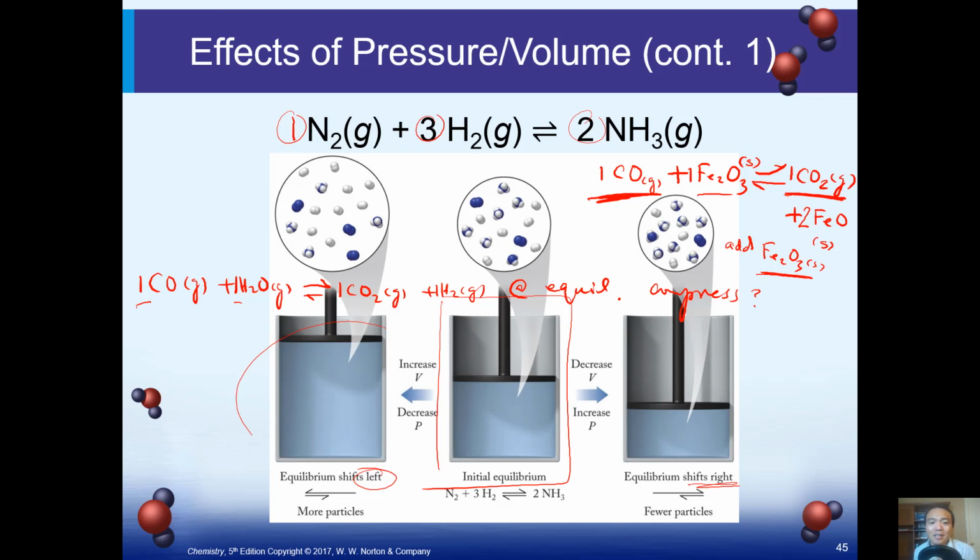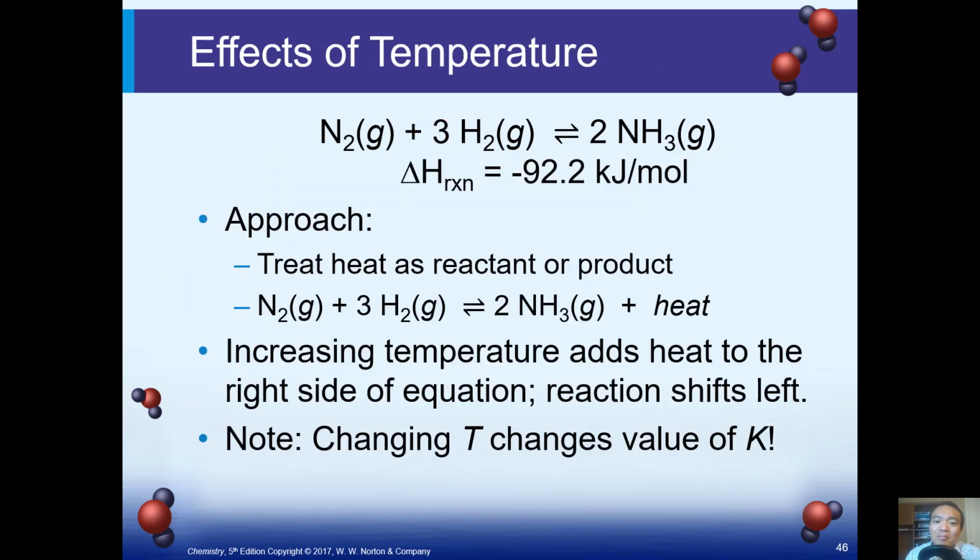All right, okay, next we're going to talk about the temperature effect. So for example, the same reaction we're talking about, the reaction is exothermic. Why? Because it's a negative sign over here. So for any temperature effect, I strongly suggest you write the exo in the form of heat on the product side, because you release heat as the product, just that way, okay?